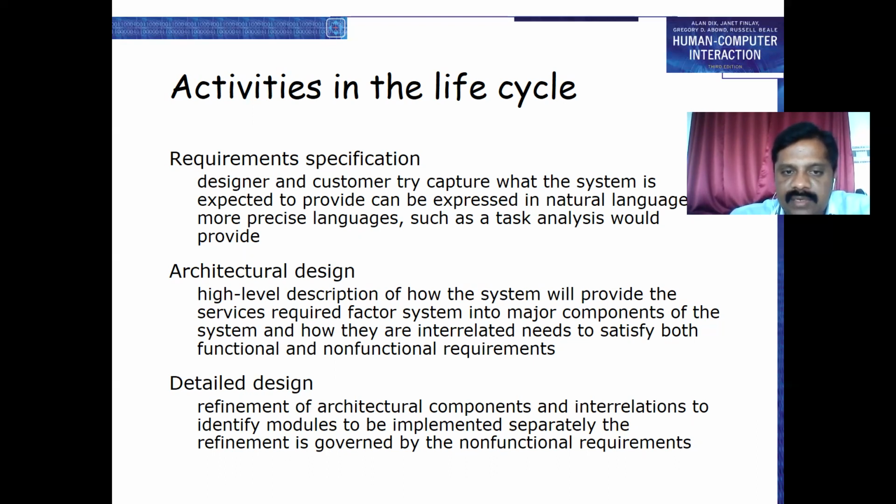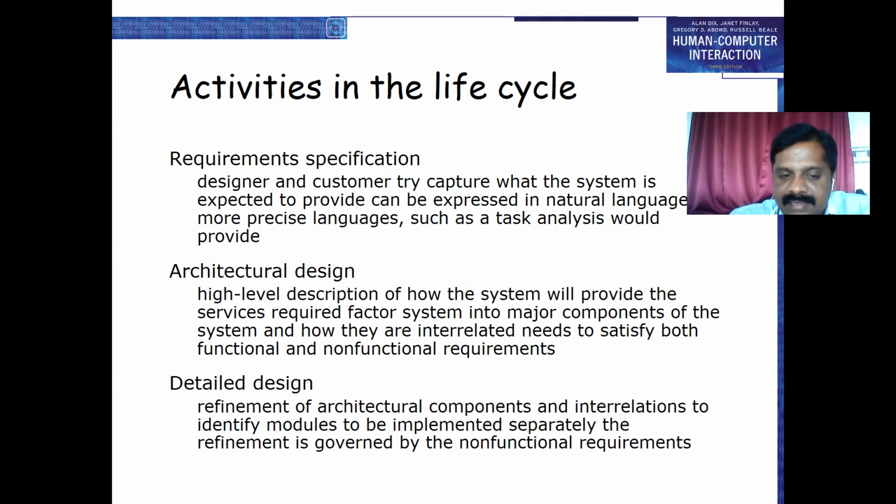So this is requirement specification. Next, architectural design. A high level description of how the system will provide the services required, factoring the system into major components and how they are interrelated. It needs to specify both functional and non-functional requirements. So this is architectural design.